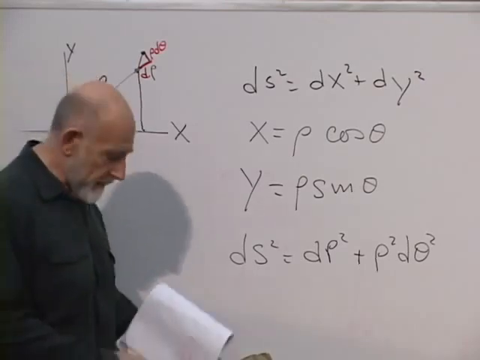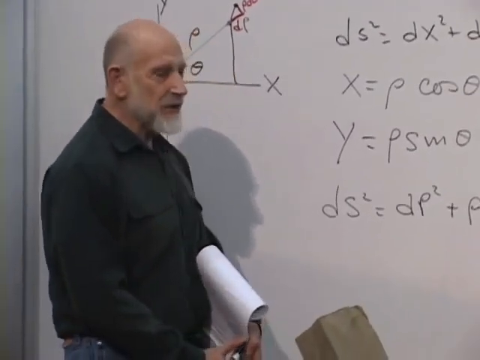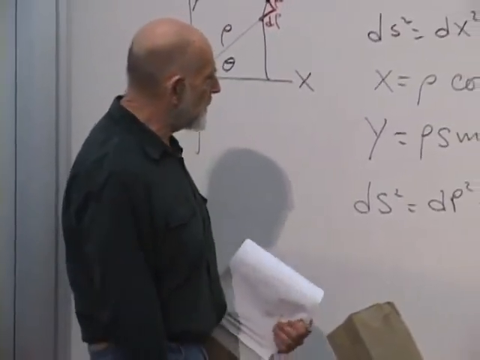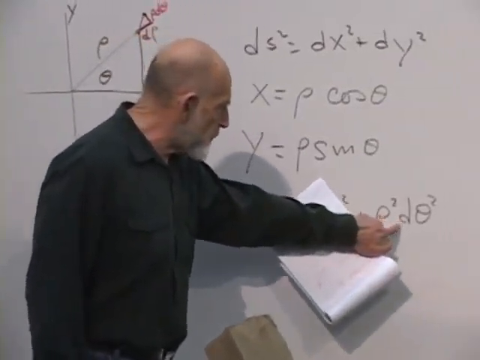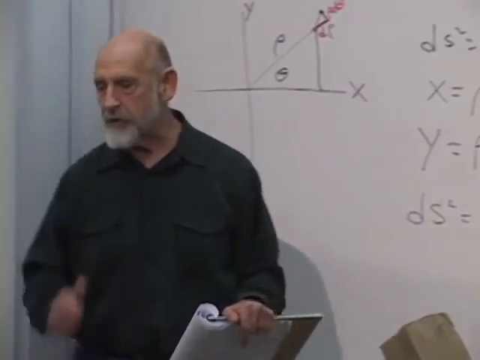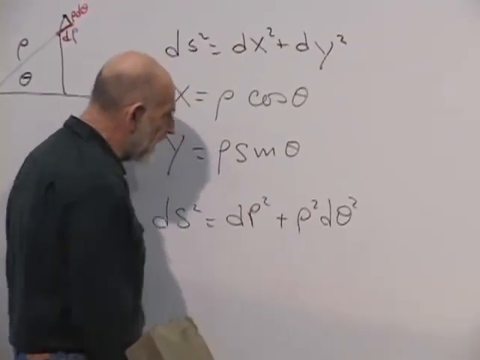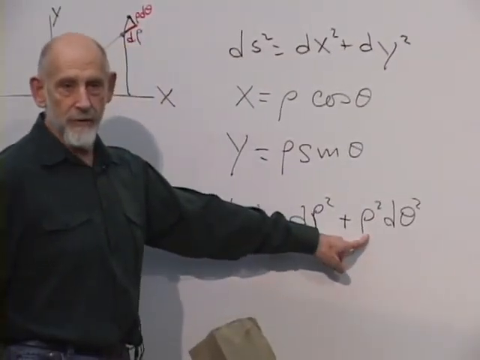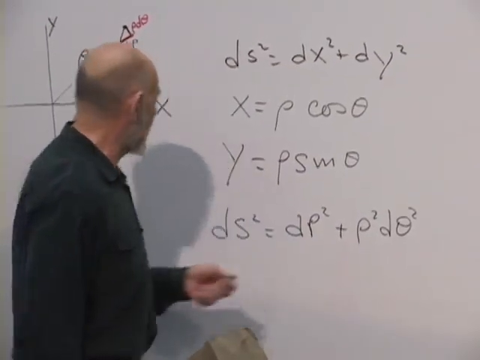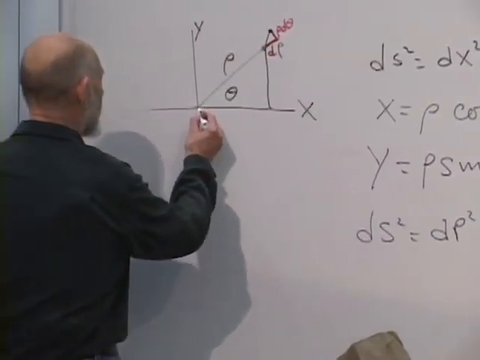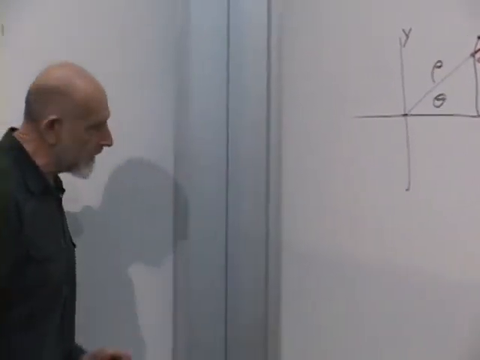Notice it has a funny property. Nothing gets infinite in this metric, but the coefficient of the d theta squared becomes 0 at rho equals 0. That means moving in theta, you don't get anywhere. You don't move, even if you move in theta. Well, why not? Because you're just not moving very much when you move around theta at the origin.